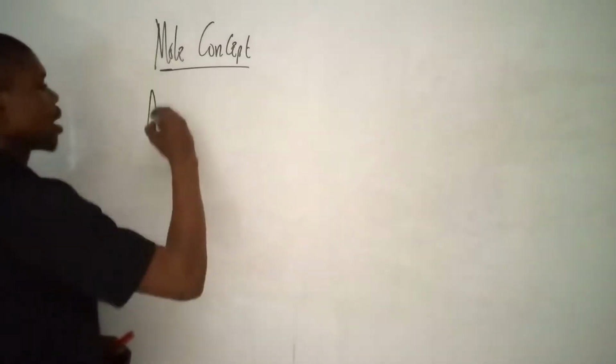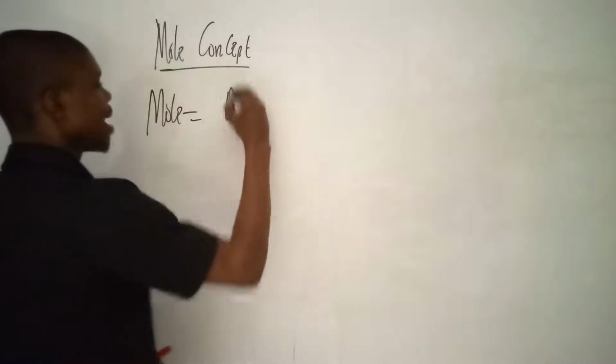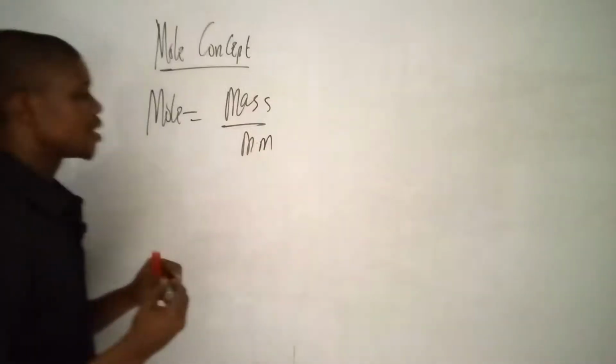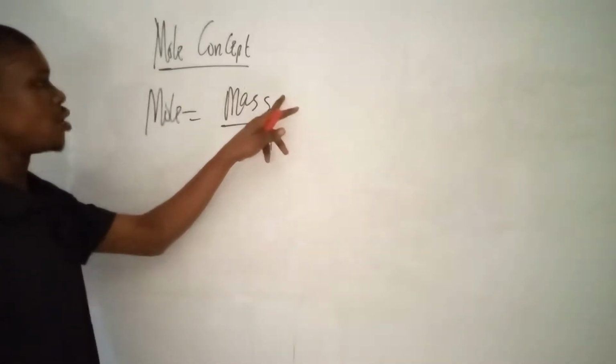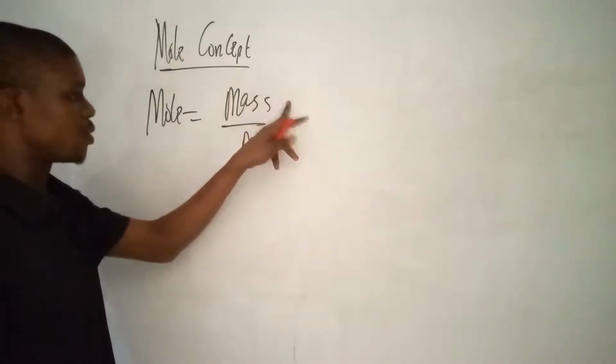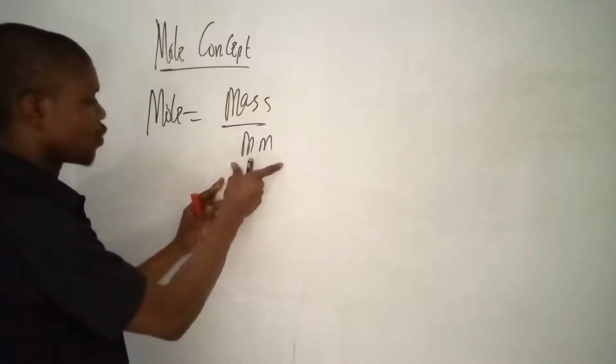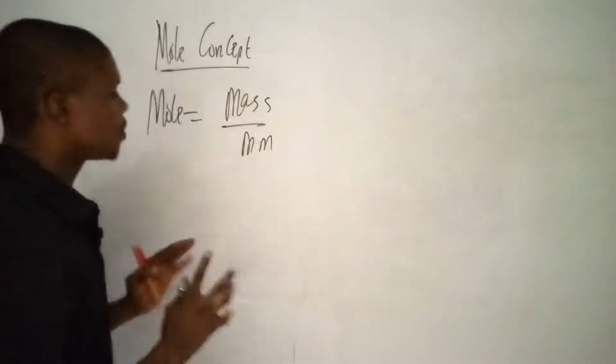The first one I want to look at is mole equals mass over molar mass. So the mass of the compound or the mass of the atom, then here we have the molar mass of the compound or the atomic mass. So this is the first formula you want to know.